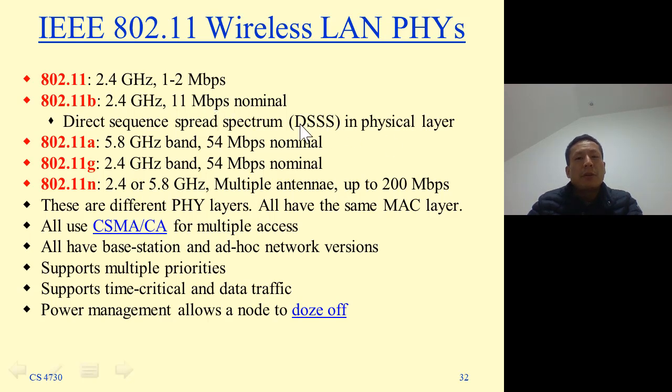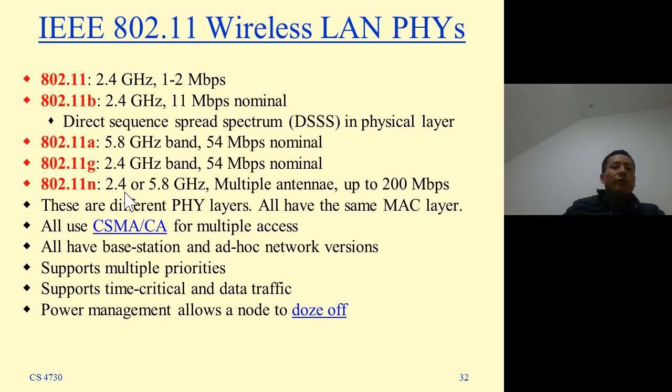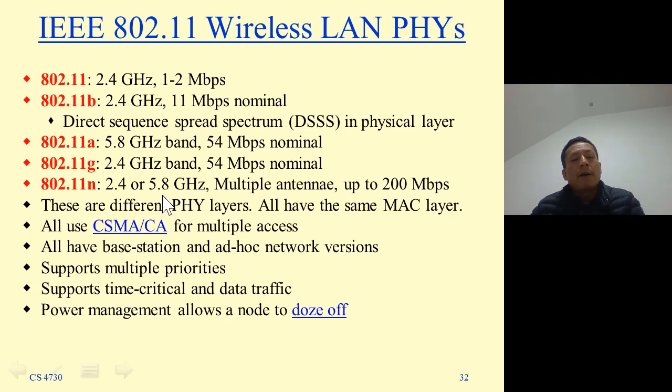It uses DSSS, direct sequence spread spectrum, which we discussed in the last couple of slides. 11a uses 5.8 gigahertz, so its speed is faster, 54 megabits per second. 11g still uses 2.4 gigahertz and 54 megabits per second. 11n can do MIMO, multiple input and multiple output: you use multiple antennas for transmitting and receiving, and you can use either 2.4 gigahertz or 5.8 gigahertz. The transmission speed can be up to 200 megabits per second.